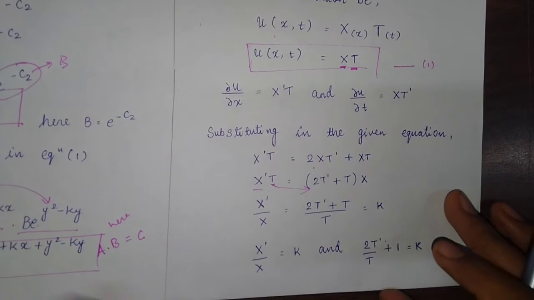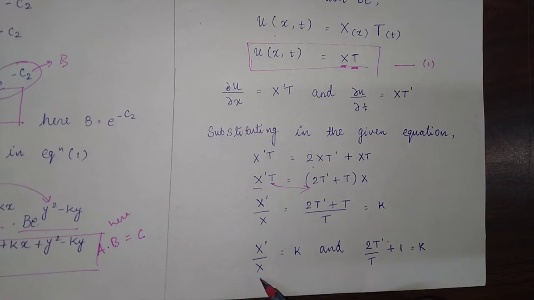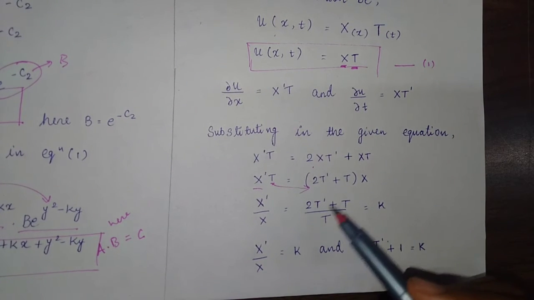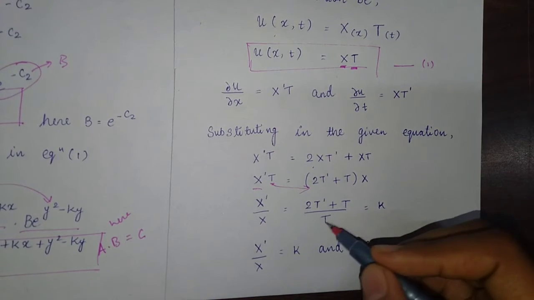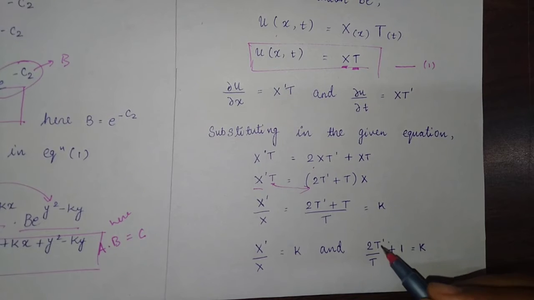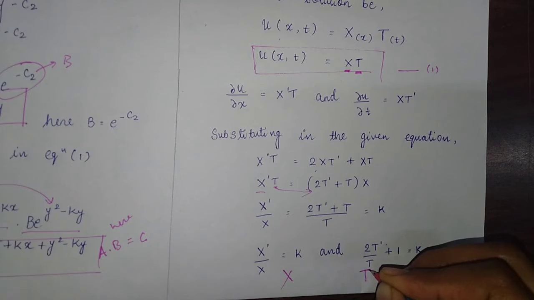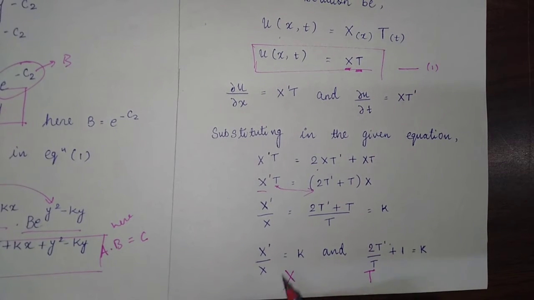So we can write x dash by x is equal to k, and 2t dash plus t by t is also equal to k. But both the t will be cancelled, so it is 2t dash by t plus 1 equal to k. Now in order to find the values of capital X and capital T, what we will do? We will integrate both these equations.